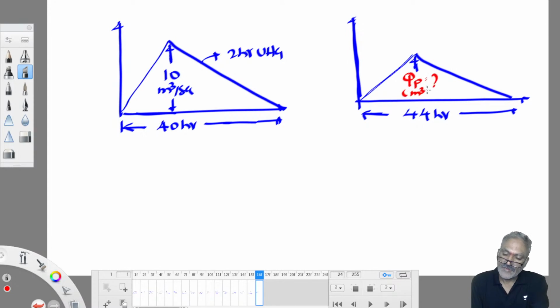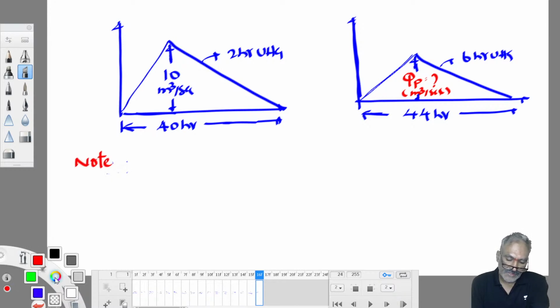Let us assume this in meter cube per second. This represents the 6-hour storm. Both storms are occurring on the same catchment. Catchment area is the same. Therefore, the catchment area is the same for both storms.